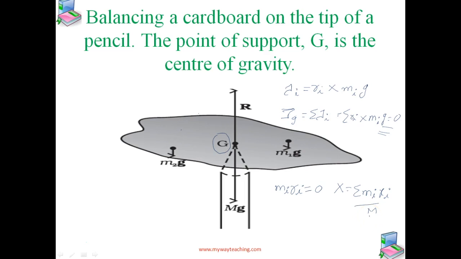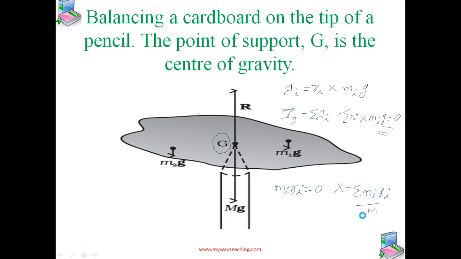Thus the center of gravity of the body coincides with the center of mass in uniform gravity or in gravity free space. This is true because the body being small, g does not vary from one point of the body to the other. The center of mass coincides with the geometric center of the body.